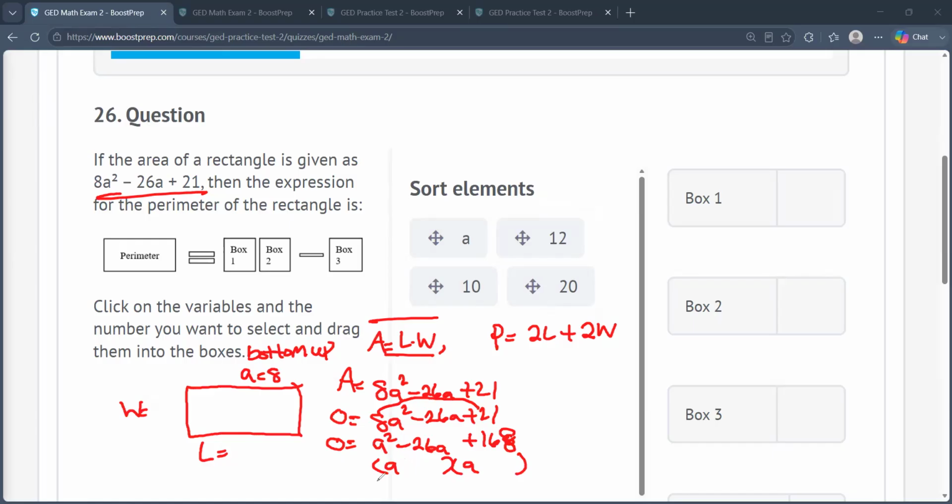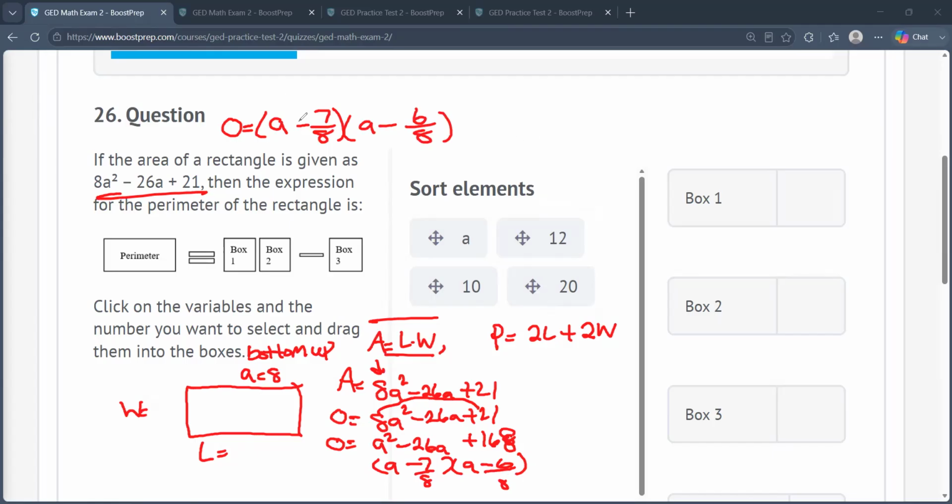I think I'll use negative 7 and negative 6, right? Okay, then remember with bottoms up, you have to divide the negative 7 and the negative 6 by the original a value. So divide negative 7 by 8, divide negative 6 by 8. So you have a minus 7/8 times a minus 6/8.